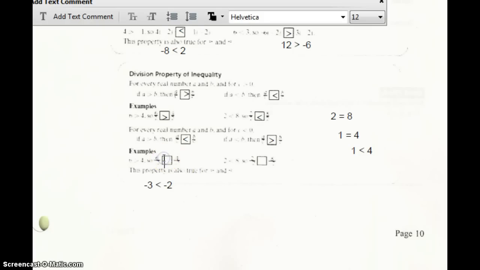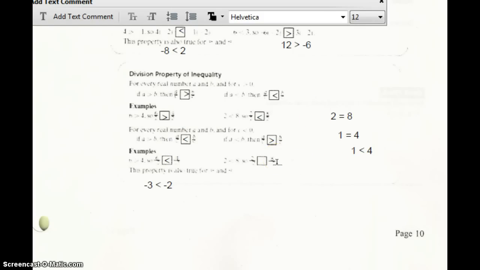If I do 4 divided by -2, I'm going to get -2. And I can actually do my sign because I see that originally it was greater than, and I'm dividing by a negative, so flip it to the other side, and I have -3 is less than -2. And we know that's true, so that's going to be the right answer there.